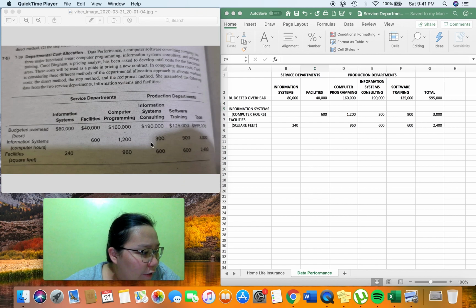So for the first requirement, using computer usage time as the allocation base for the information systems department, and square feet of floor space as the allocation base for the facilities department, apply overhead from the service departments to the production department using the direct method, step method, and then for the step method, both with the information department going first and with the facilities department going first, and then the reciprocal method as well.